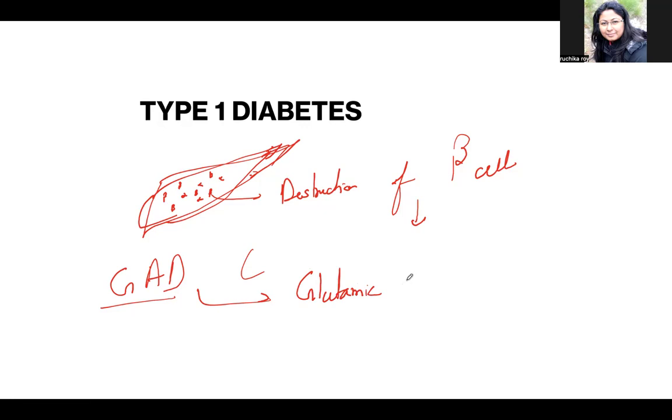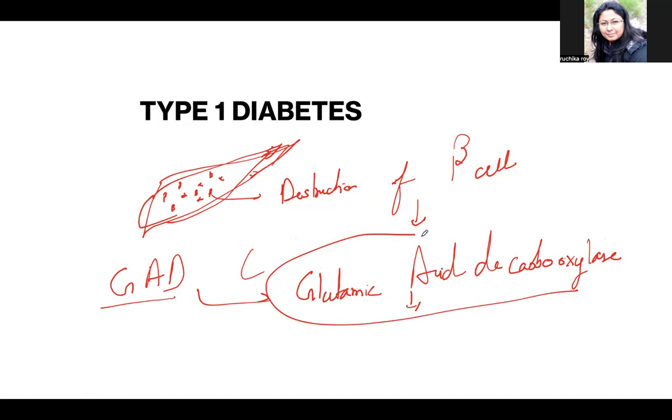Glutamic acid decarboxylase. This enzyme is present in the pancreas. In type 1 diabetes, the immune system mistakenly produces autoantibodies against this enzyme, GAD. So in the blood report of type 1 diabetes, there is a presence of GAD antibodies.